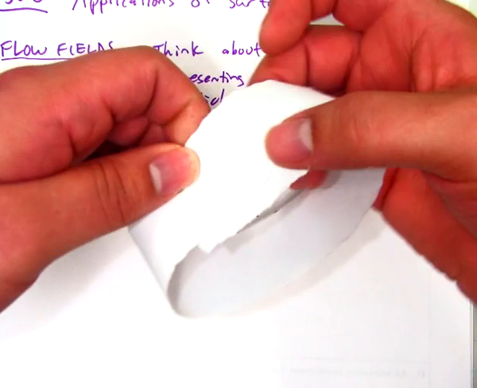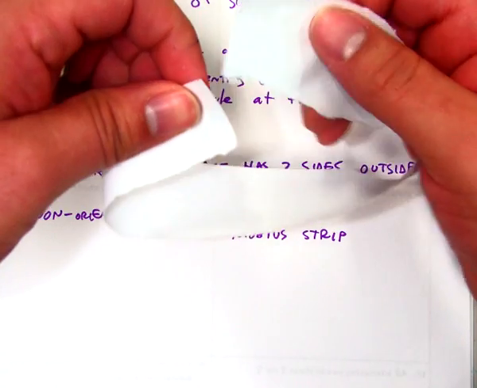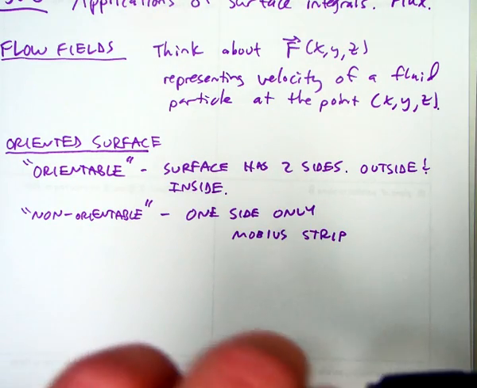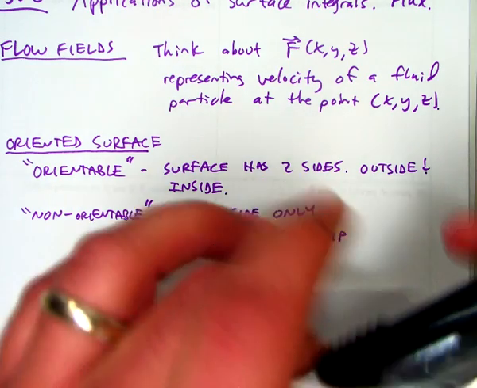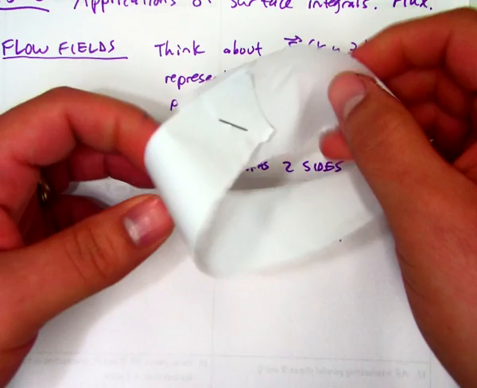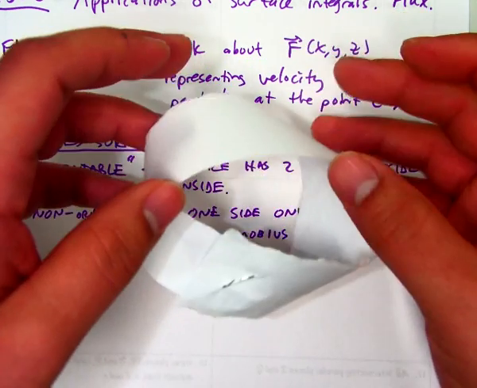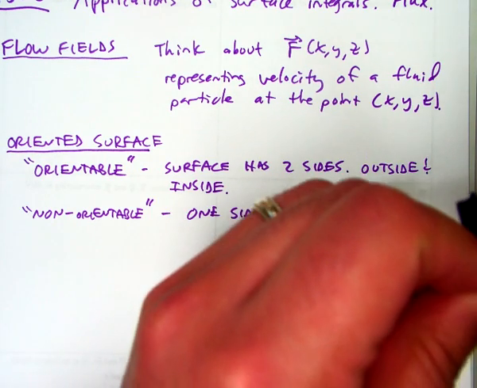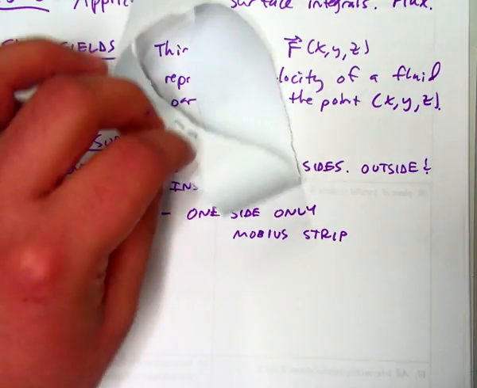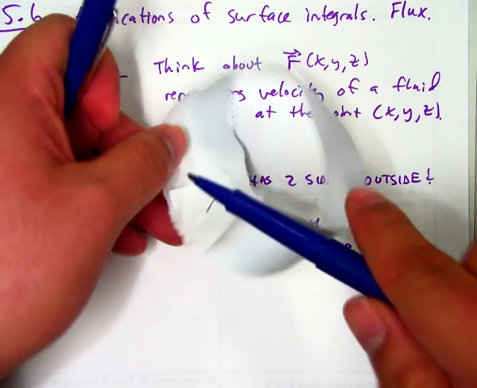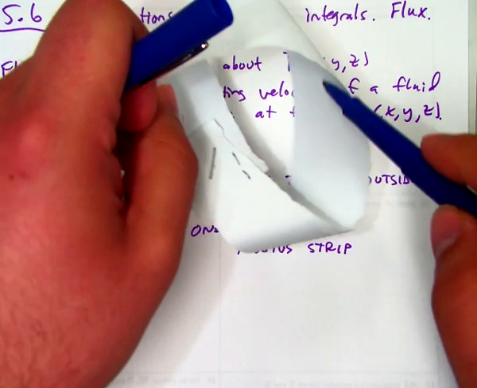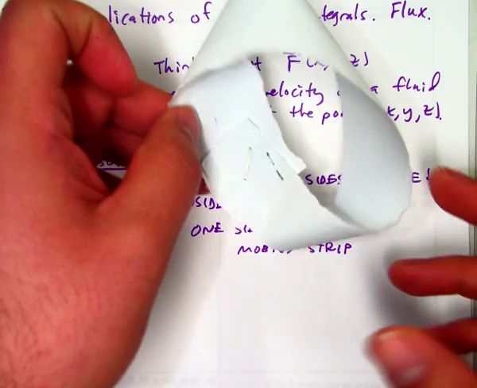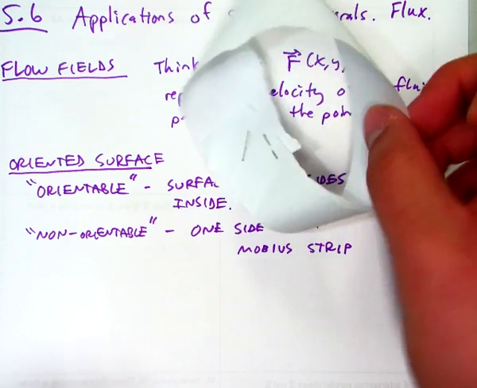Now, if we take this point and we actually twist it and connect it like this, now this is the Mobius strip. We say that there's really only one side because if you're walking along the surface here, one could theoretically traverse the whole thing without having to cross over. Does that make sense? Okay, so this is an example of something that's not orientable.